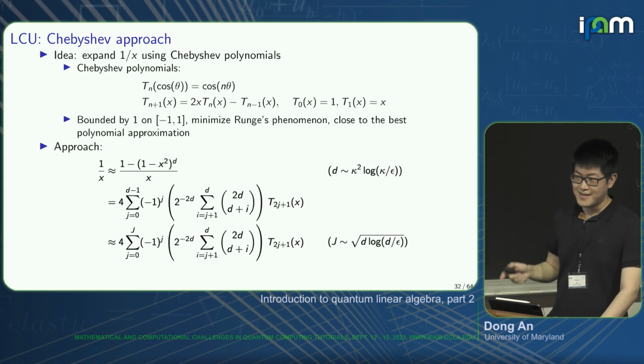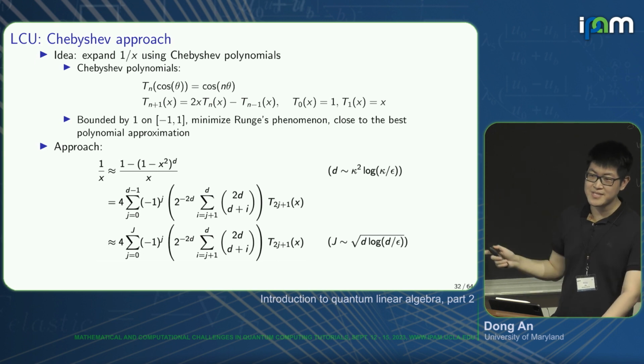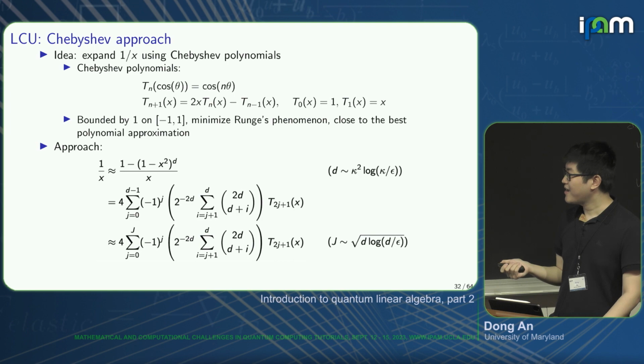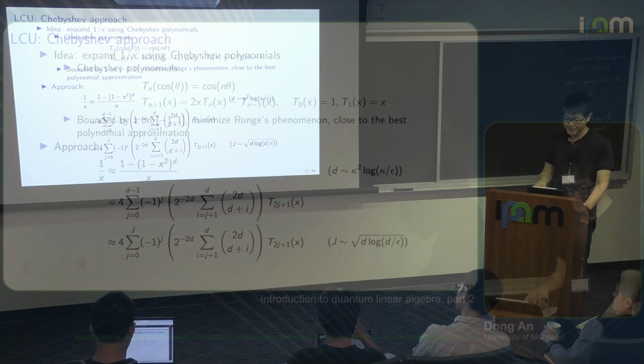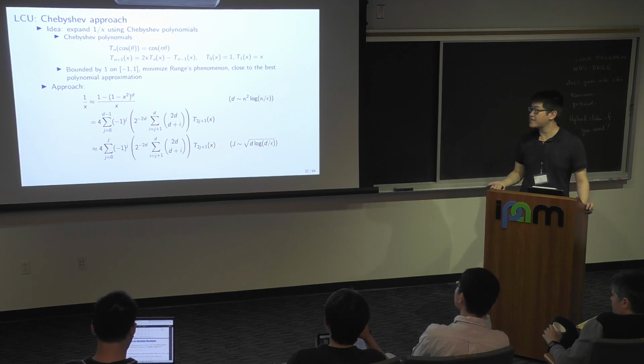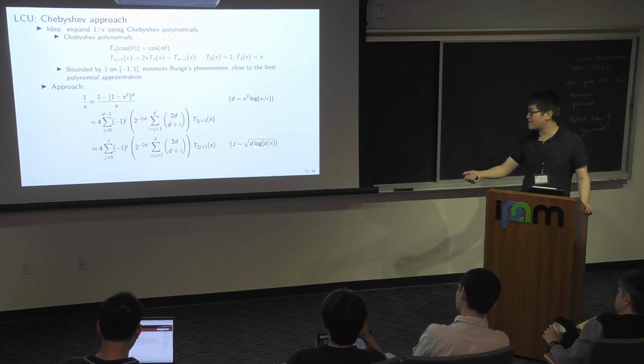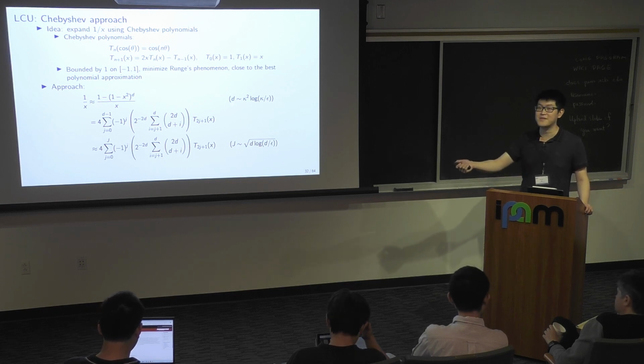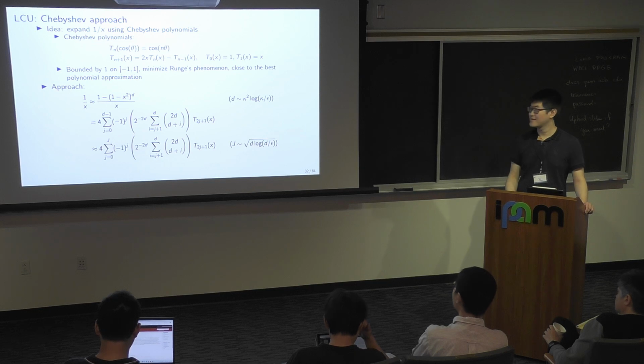And then to implement this, we need the LCU. Yeah, so in your last approximation, why is this J independent of kappa? Oh, it is still dependent on kappa, because here we have a d, and d will be something like kappa squared. Oh yeah.